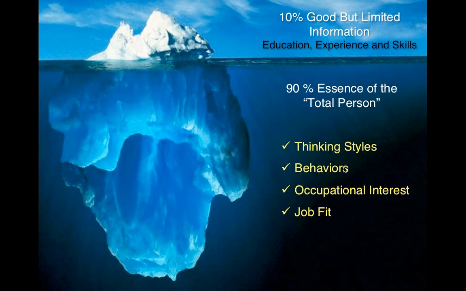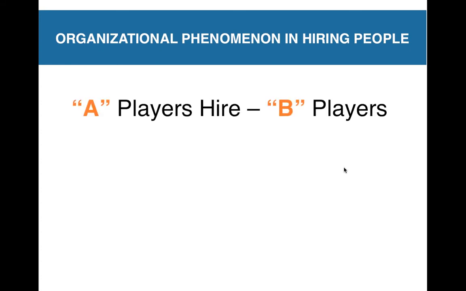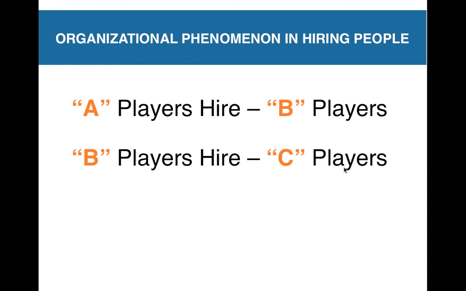Now, I would just like to segue a little bit because I would like to mention this organizational phenomenon going on in hiring people, where A players hire B players, and those B players hire C players.